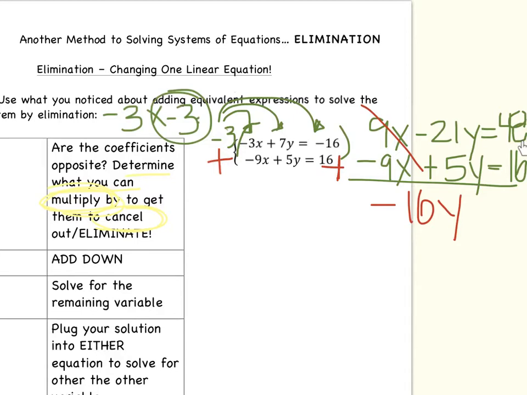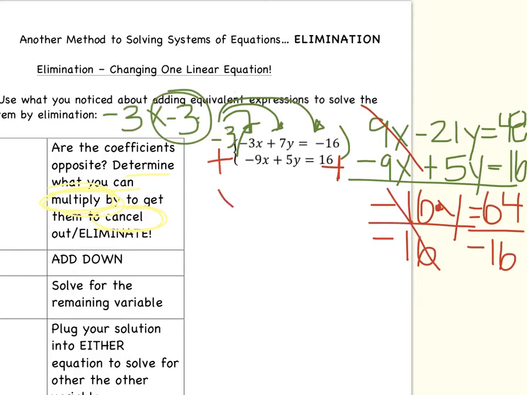And I need to do 48 plus 16, which gives me 64. Now I need to solve for y, so I need to divide each side by negative 16. My negative 16s cancel, and I'm left with y equals 64 divided by negative 16, which gives me negative 4.